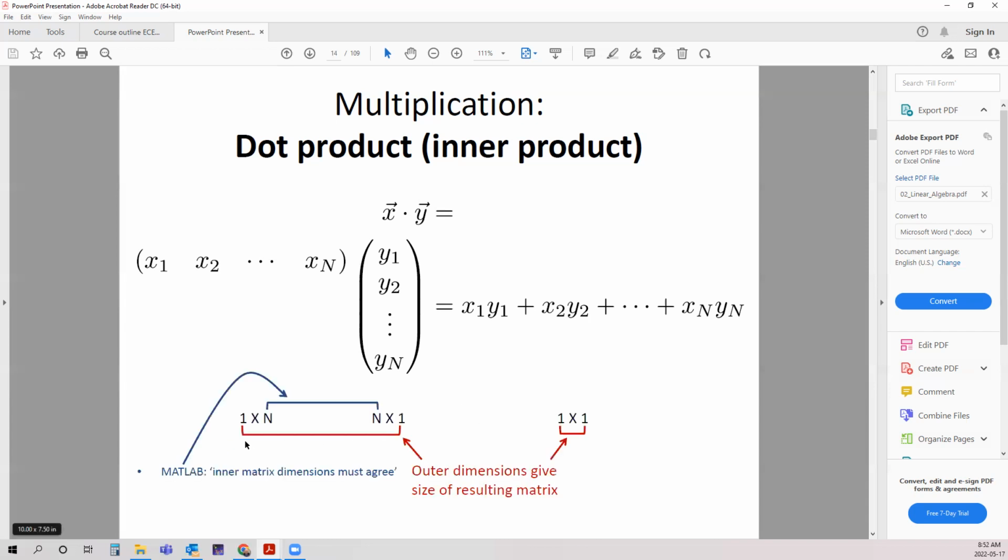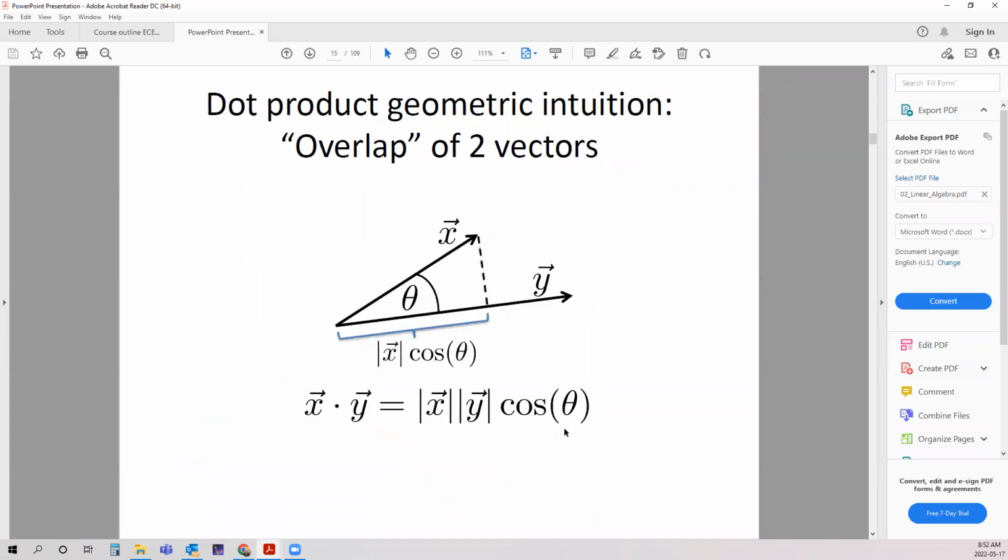And you know here in MATLAB, it's 1 times n: one row with n columns, and here we have n rows with 1 column. So the outer dimensions give the size of the resulting matrix, 1 by 1. These are the rules I'm talking about; you should know them.